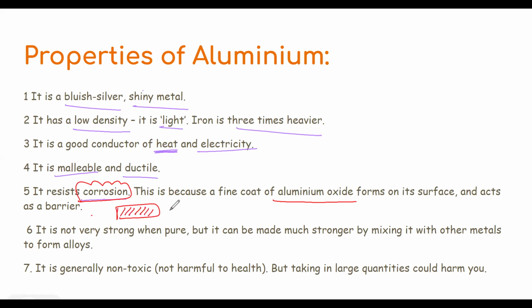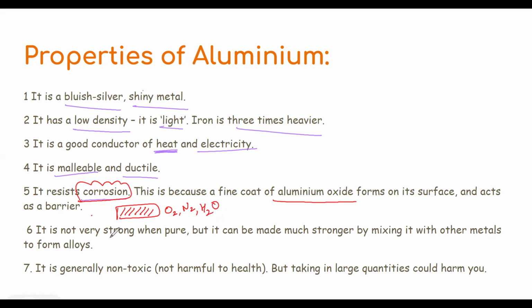So this is the metallic surface, and surrounding it, we have gases like O2 and water vapor. So we know that corrosion is a result of reaction of metal with water vapors present in atmosphere and oxygen gas. So aluminium oxide is already formed on the surface because of reaction between aluminium and nearby oxygen, which protects the actual aluminium from getting corroded.